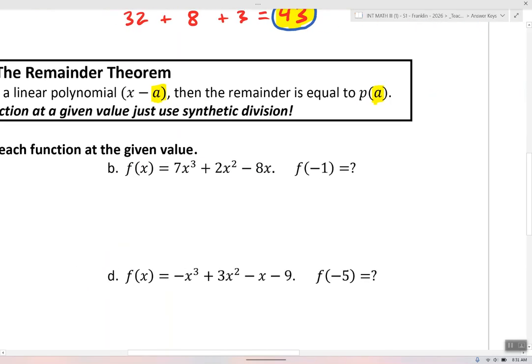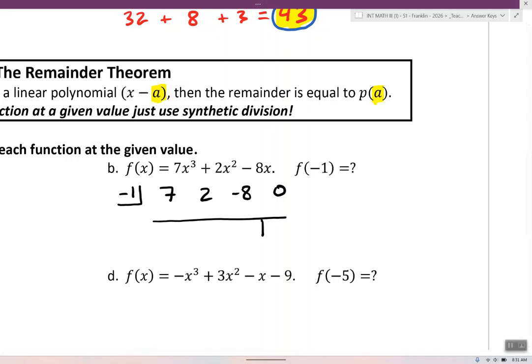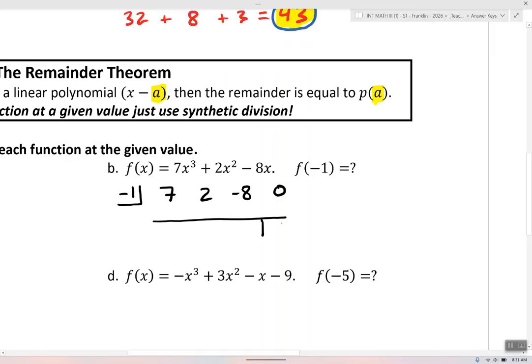Example B, we're going to do the same thing. Here we're putting in negative 1 into the function. So 7x cubed, 2x squared, negative 8x, and then we don't have a constant, so we'll put 0. Remember, the remainder box is now our answer box, which is convenient.